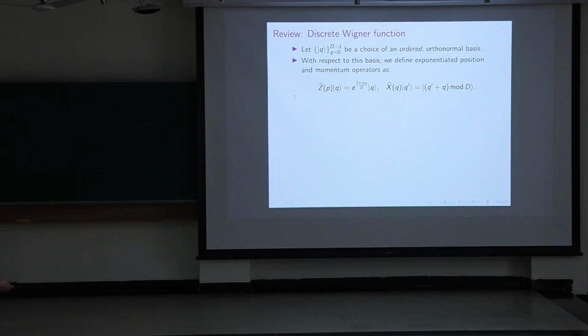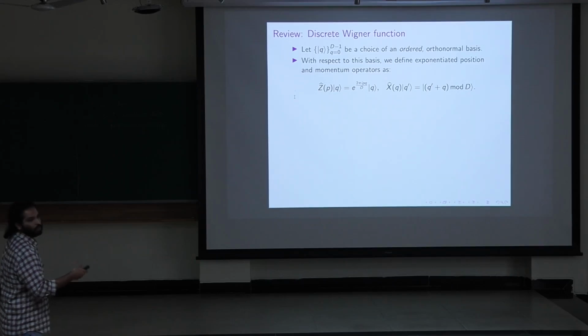Sometimes these are called clock and shift operators. You might have seen them before. Basically, think of Z hat of P as the operator e to the i P times Q hat, an exponentiated position operator. And think of X hat as e to the i Q times P hat, an exponentiated momentum operator, or a translation operator, as you can see from this expression.